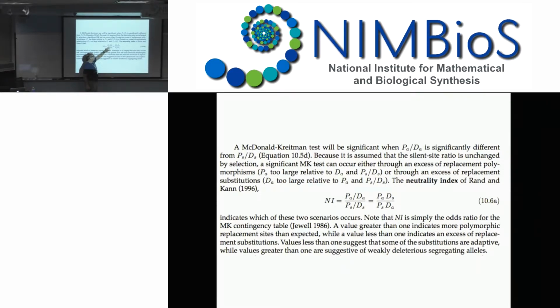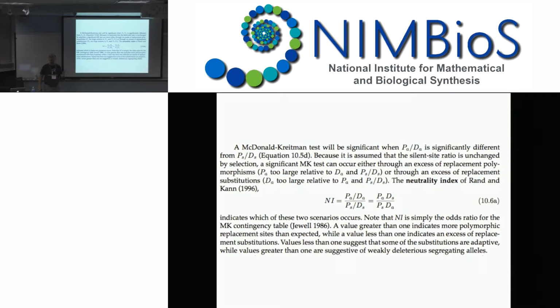If you have an excess number of polymorphisms relative to divergence at the non-synonymous sites, the neutrality index is bigger than 1, too many polymorphisms. If you have an excess number of divergences, fixations relative to polymorphisms, the neutrality index is less than 1.